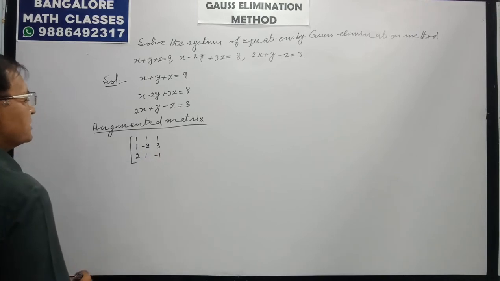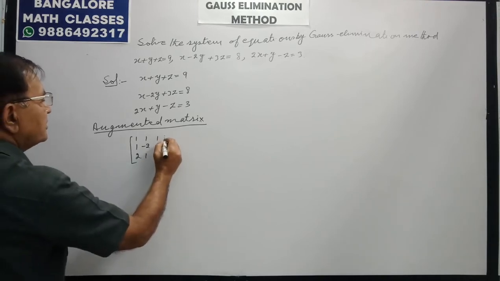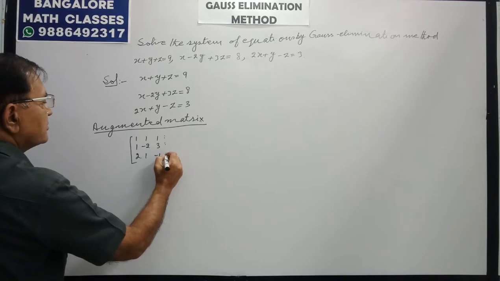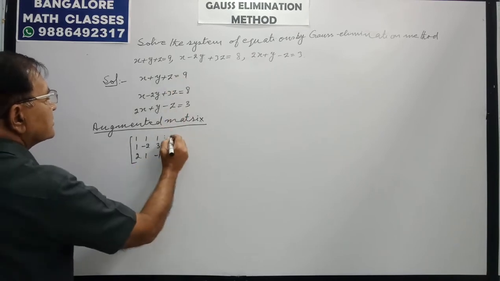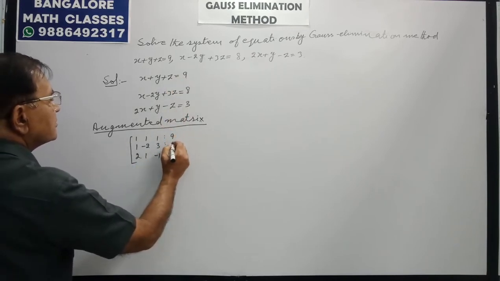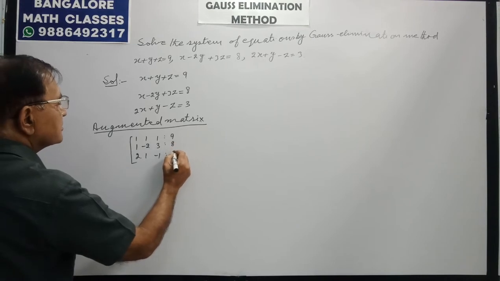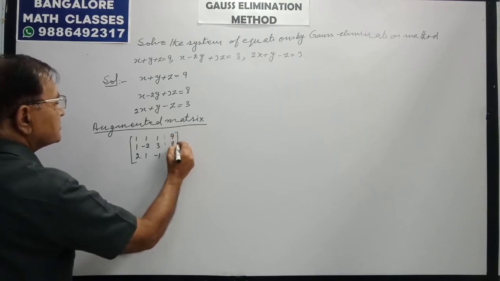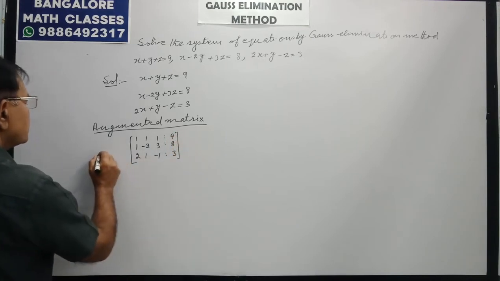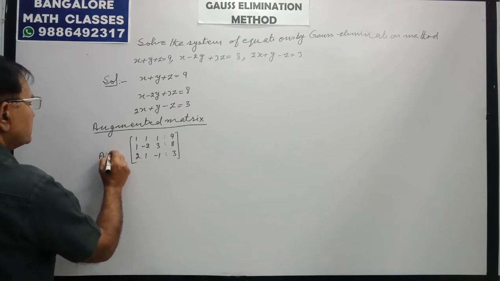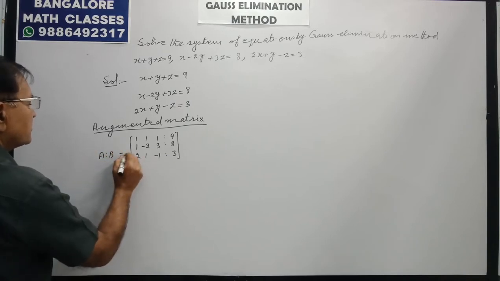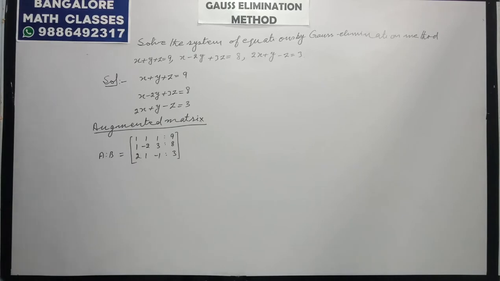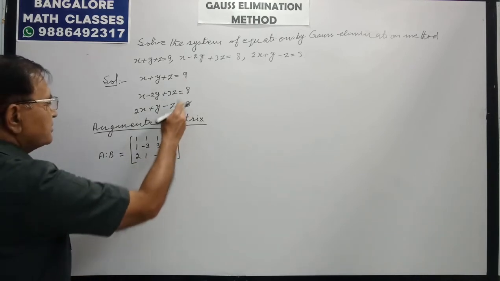This is the matrix A. For the augmented matrix, add the RHS, that is 9, 8, 3, as extended entries. So this is the matrix: A as you usually write it, extended with B.